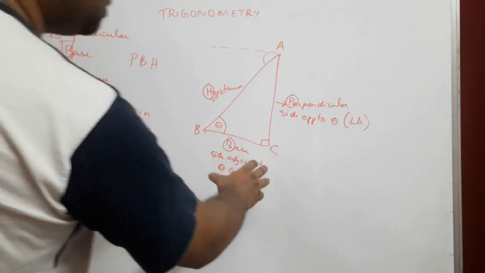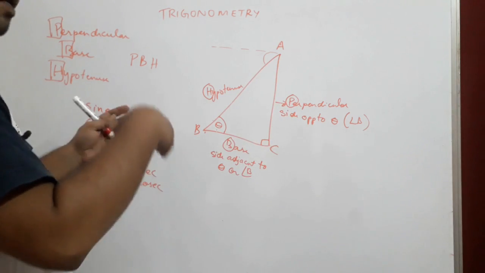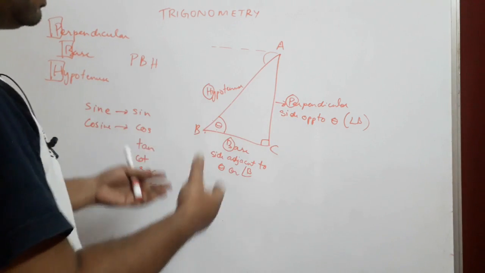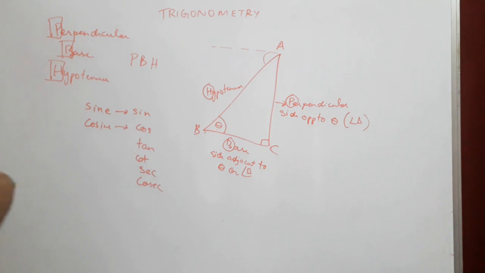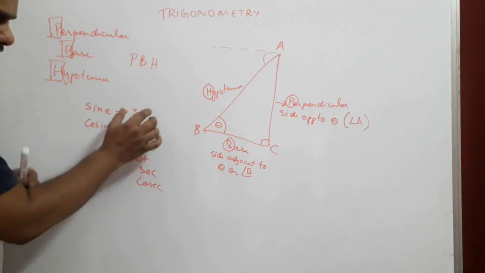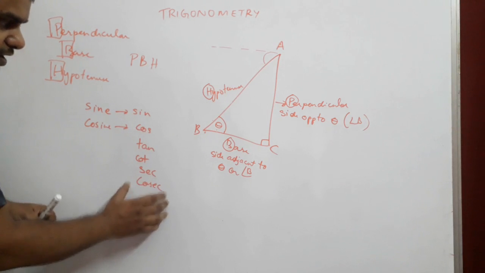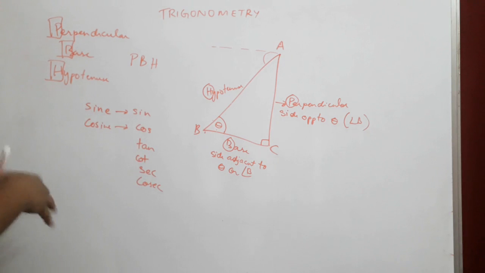Sometimes it is used as opposite upon adjacent, or adjacent upon opposite, or opposite upon hypotenuse, something like that, to relate to the different ratios that we talk about in trigonometry. Now, all these I told you are in particular ratios: sine, cos, tan, cot, sec, cosec. Remembering this, what is sine, cos, tan, cot, sec, cosec, becomes difficult.